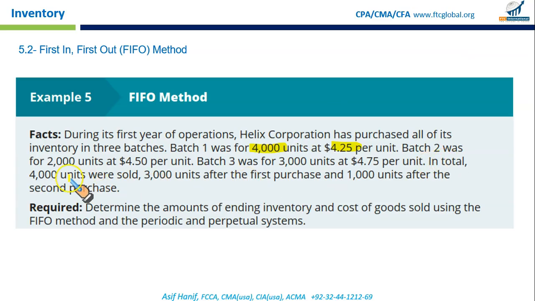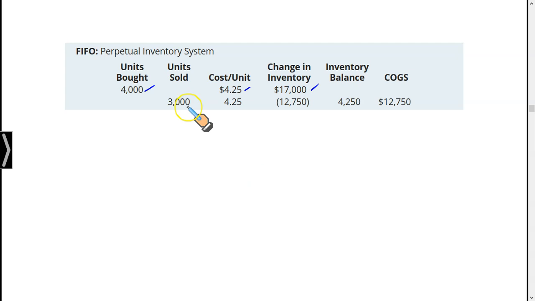It says in total 4,000 units were sold, 3,000 units after the first purchase and 1,000 units after the second purchase. So this is the transaction now. 3,000 units at 4.25, so that is the reduction in inventory. So the inventory balance is this less this. That's the balance now, and this figure has now become part of your cost of goods sold.